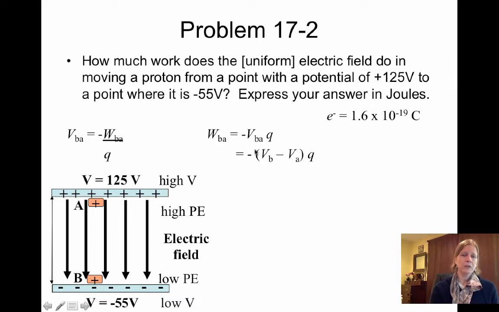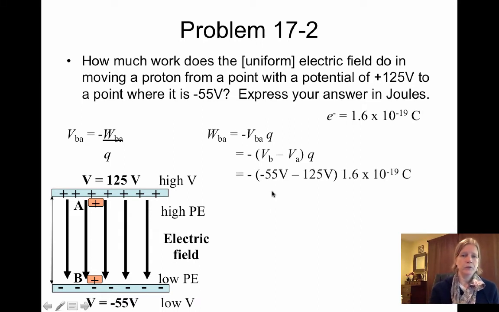The change in potential from A to B, we always take final minus initial, just like we did in, say, displacement and many other examples last term. So we take our final potential minus our initial potential here for our change in potential. So potential at position B minus potential at position A times Q, our charge. And we bring down that negative sign. All right, now we very carefully watch our signs.